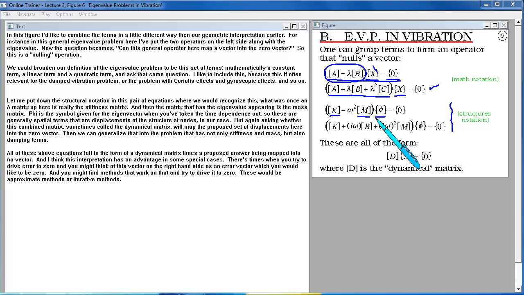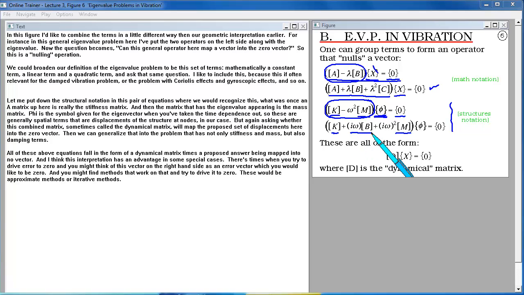So these are generally spatial terms that are displacements of the structure at nodes in our case. But again, we ask whether this combined matrix, sometimes called the dynamical matrix, will map the proposed set of displacements here into the zero vector. Then we can generalize that into the problem that has not only stiffness and mass, but also damping terms.